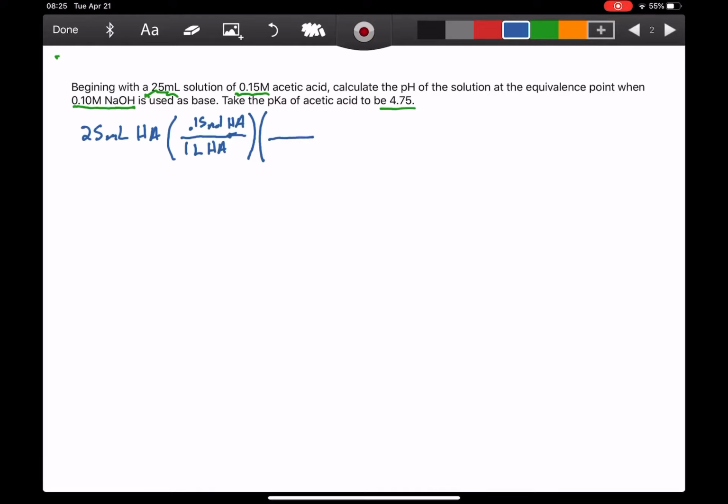And with this particular acid and base, it's going to be a 1-to-1 ratio of acid and base for the neutralization reaction, which means for every 1 mole of acetic acid, it will require exactly 1 mole of NaOH to neutralize it. So 1 HA is equivalent to 1 NaOH.